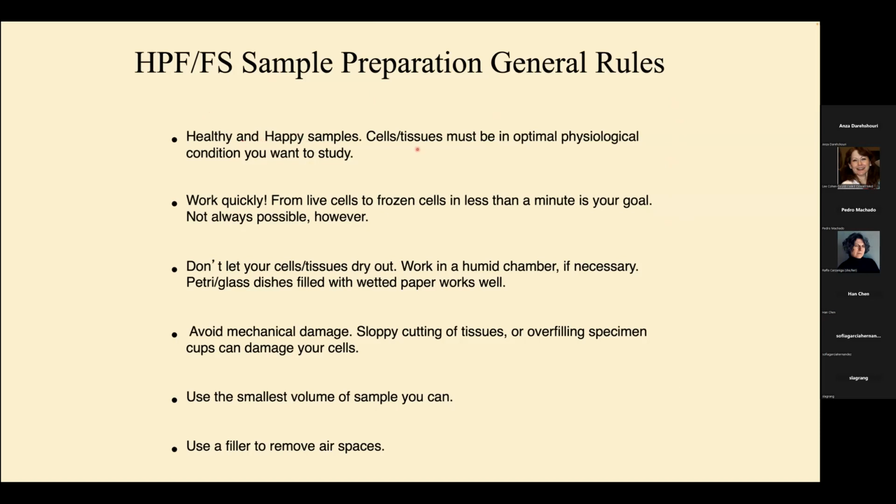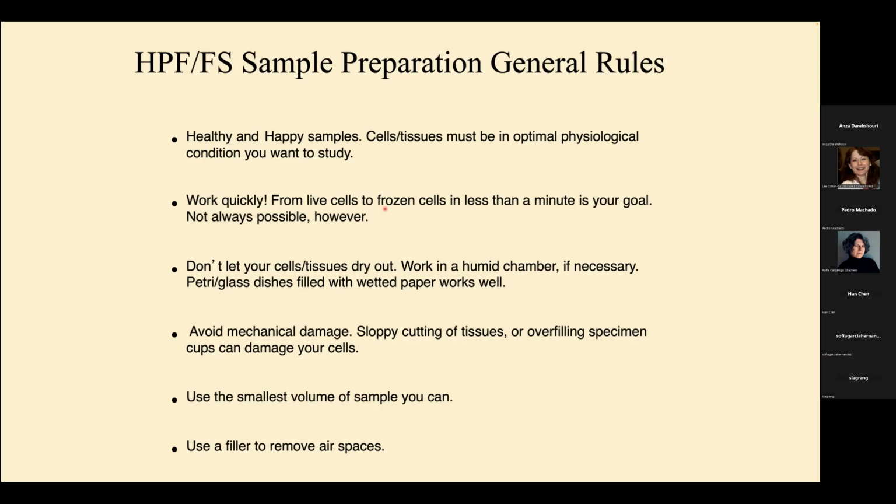The cells and tissues must be in the optimal physiological condition you want to study. Because you freeze so quickly, you really want the material to be in the state and conditions you want to study. So if you bring half-dead cells, you're going to be studying some half-dead biological state. That's important. Work quickly. You have to go from your living tissue to the frozen cells, ideally in less than a minute. That should be your goal.